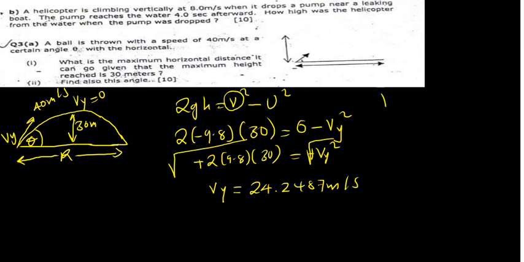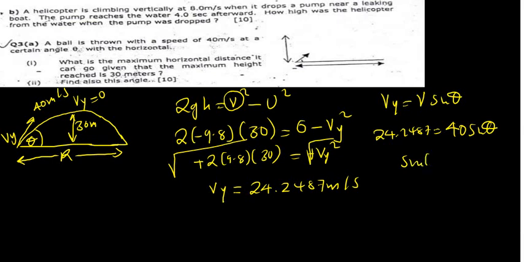Now, how do we find velocity in the y? Velocity in the y is given by velocity sin theta. So in this case, velocity in the y we've calculated is 24.2487, and that will be equal to the velocity of the throw, that is 40, times sin theta. So to remain with theta, we divide both sides by 40.